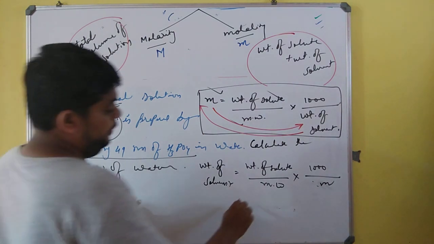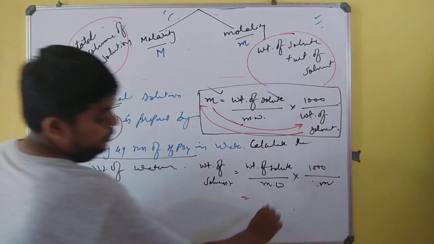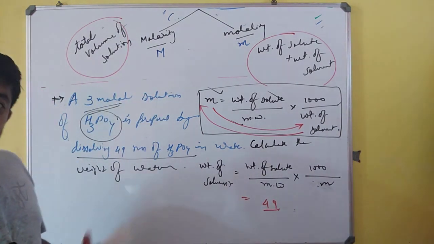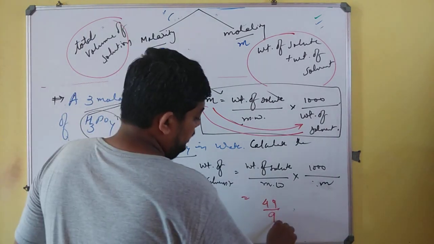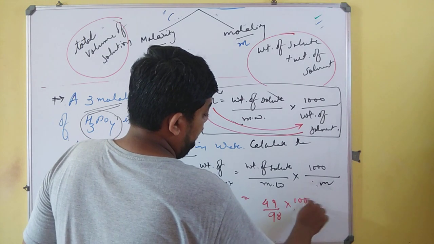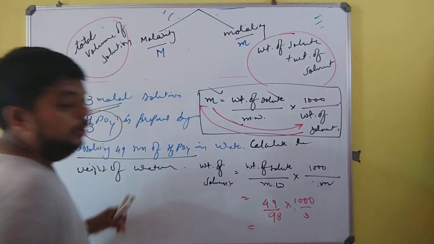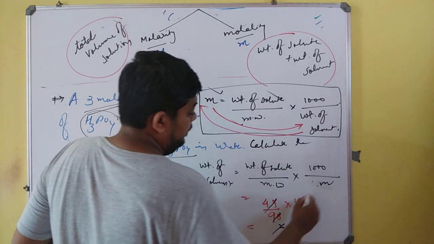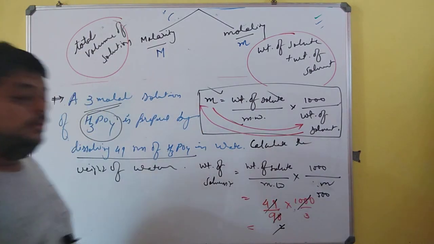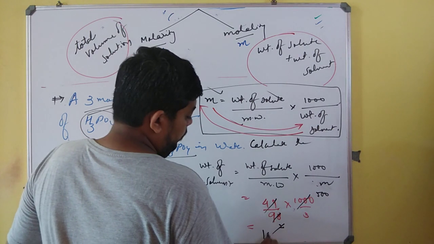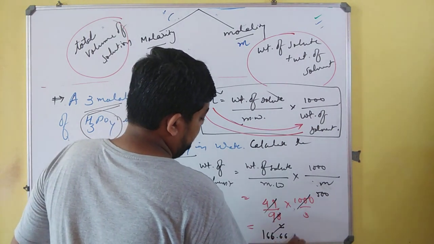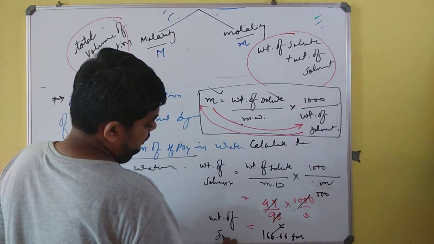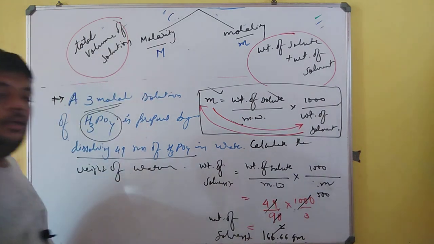Now, weight of solute is clearly stated, 49. For H3PO4, if you calculate the molecular weight, you will end up with 98, into 1000, and the molality is 3. So if I solve this question, I will end up with 166.66 gram, and this will be the weight of solvent that is used.